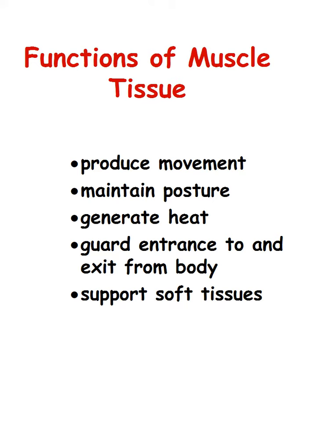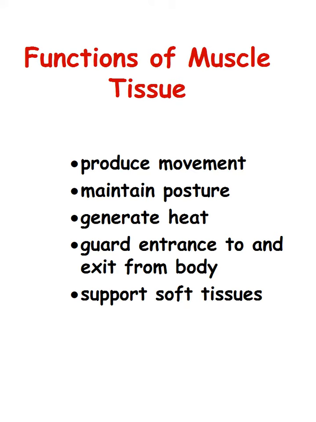And these may be voluntarily closed to help store material within an organ, or open to help move material out of the body. And the last function is for support, where with skeletal muscle, we have, say within our abdominal cavity, flat sheets or layers of muscle that help to keep the abdominal organs in place.